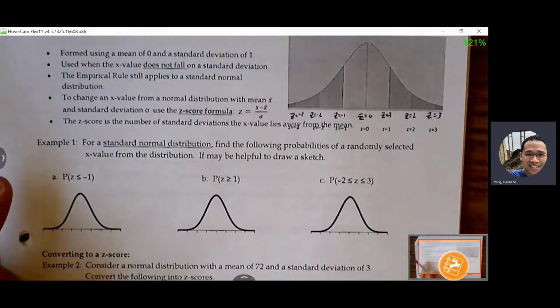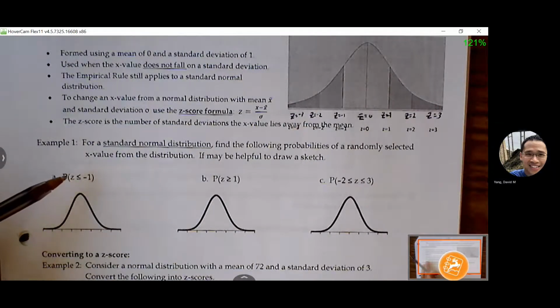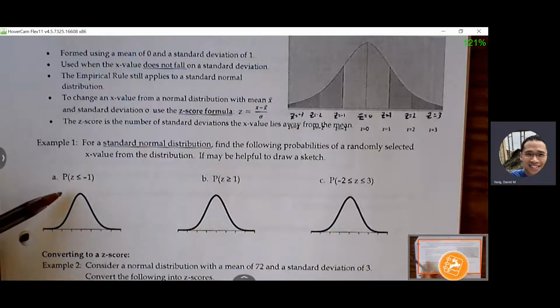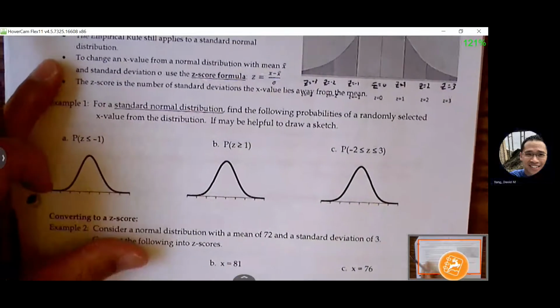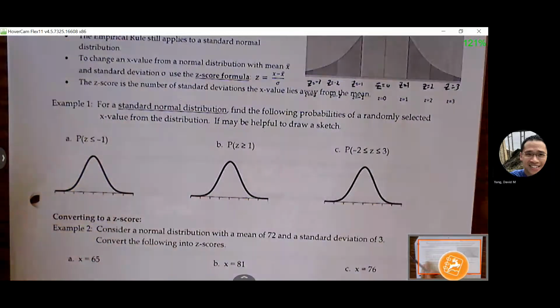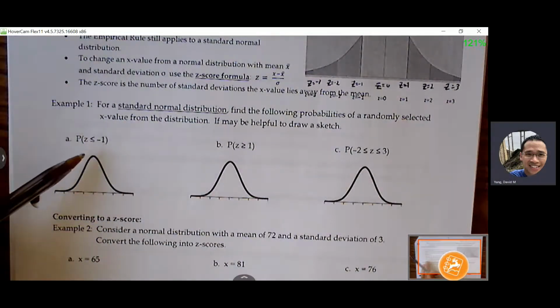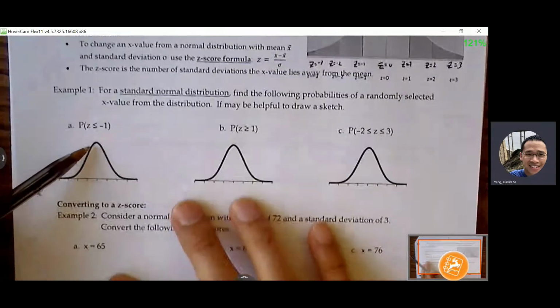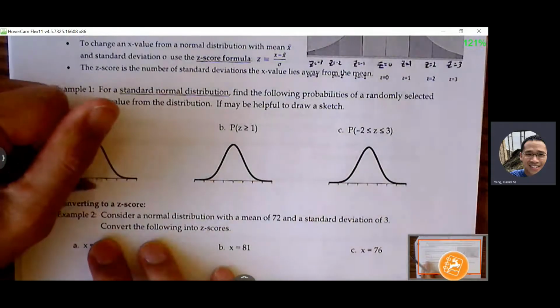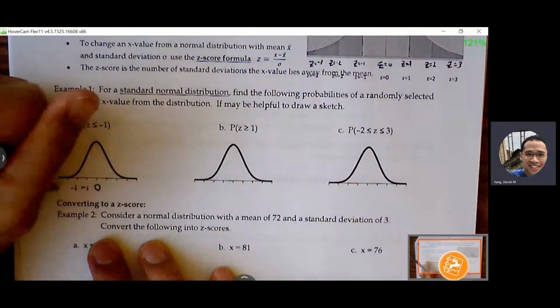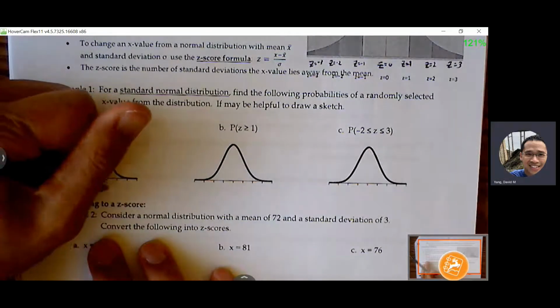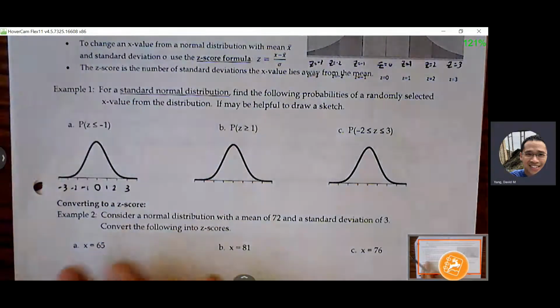Okay, example 1. For the standard normal distribution, find the following probability of a randomly selected x value from the distribution. So it says probability of a z value less than or equal to -1. So if we're using z's here, then we can simply go from 0 to -3 and then 0 to 3 on the right side.